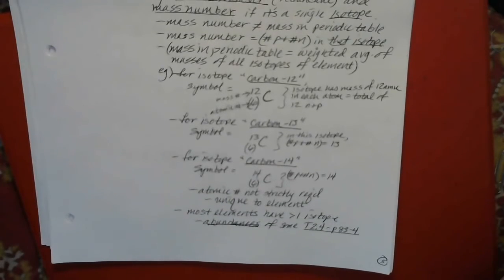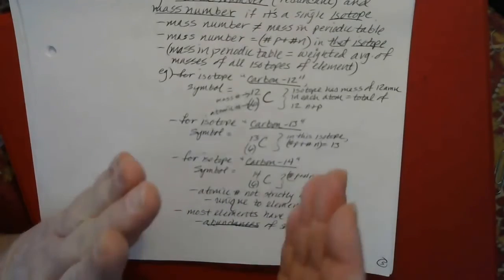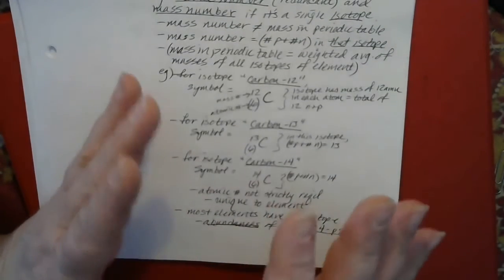The vast majority of elements that have more than one isotope, in most cases, it takes the form of one isotope being overwhelmingly predominant and the other isotopes being present only in small amounts.